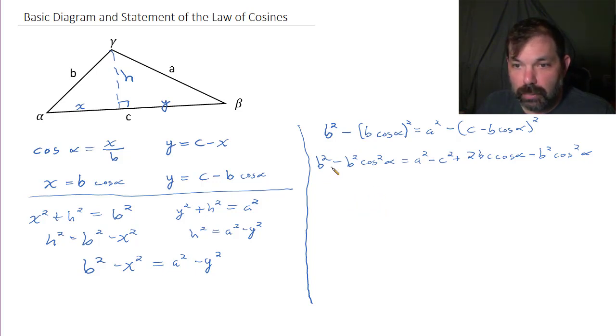Notice that we have a couple of terms here that add to 0: minus b squared cosine squared alpha and a plus b squared cosine squared alpha.